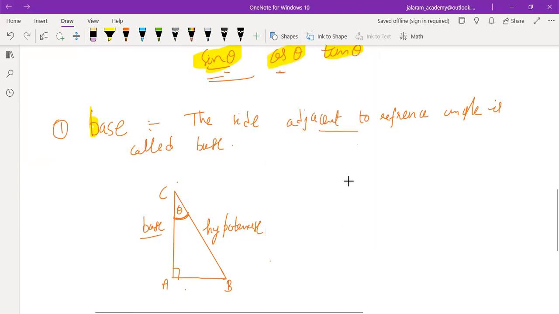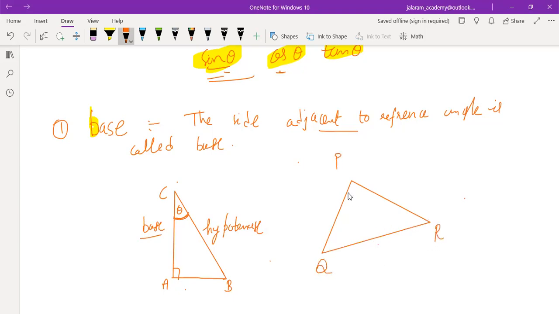Again, if we draw another triangle like this, in which this triangle is PQR, and this is right angle triangle, and this is theta. No side is at the bottom. Now, how will you identify the base? Can you tell which side is the base? PR, PQ or QR?